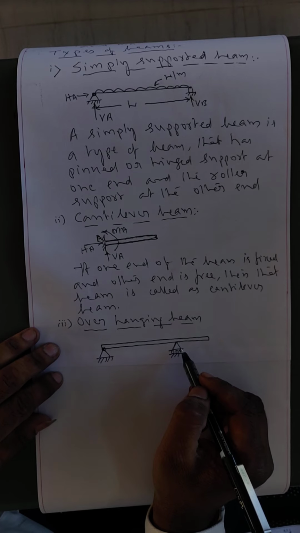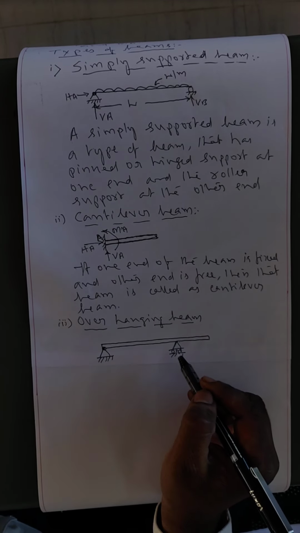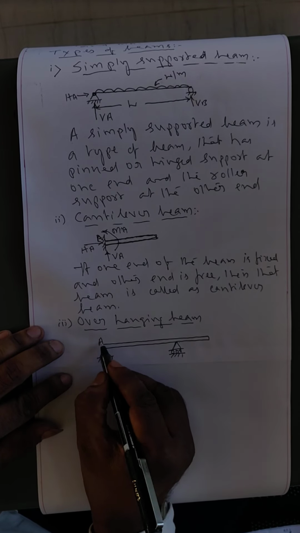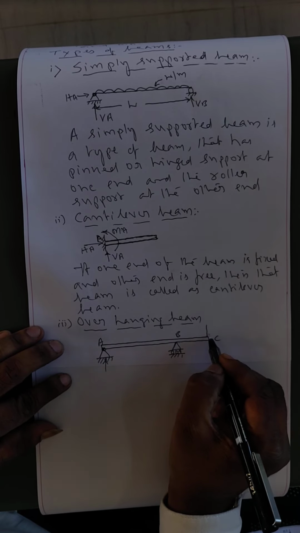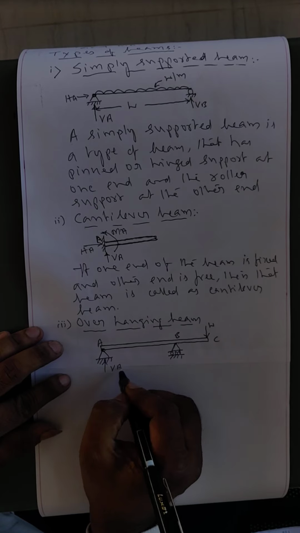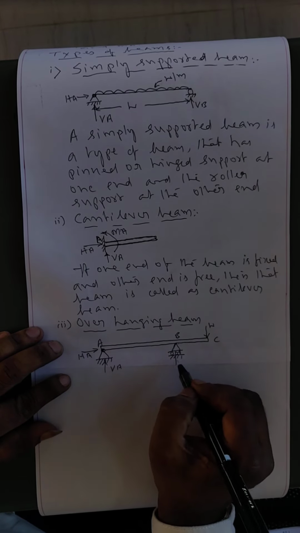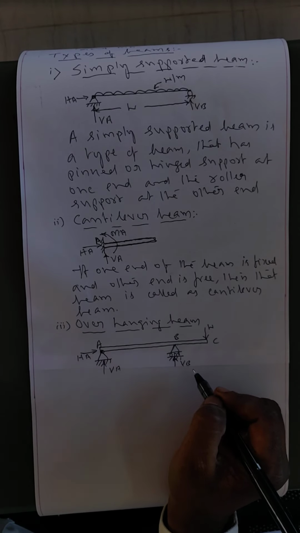If a beam is having an overhang, then it is called an overhanging beam. How many reactions here? For example, this point is A, this point is B, this point C, and some load W is here. Now here VA reaction is there. Hinge means HA reaction is there. Roller means only VB is there.